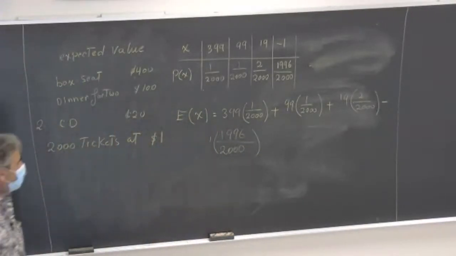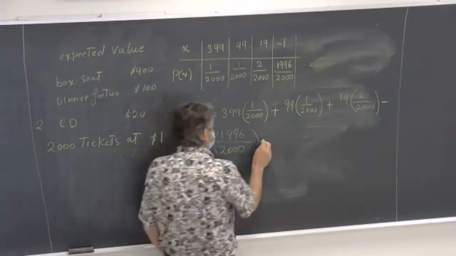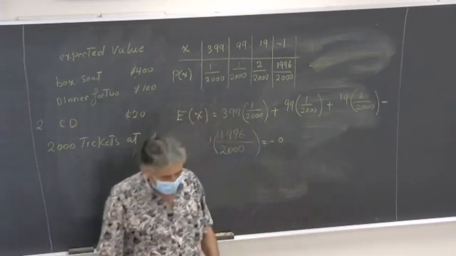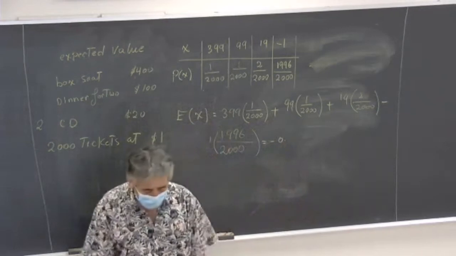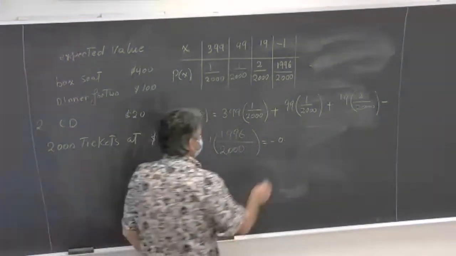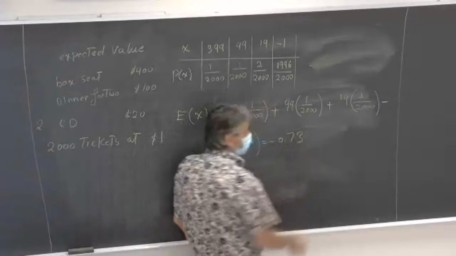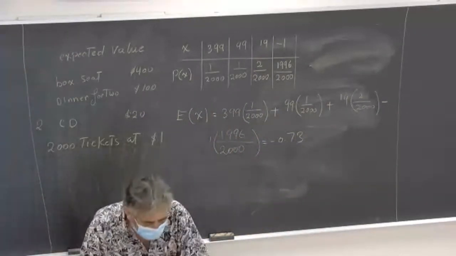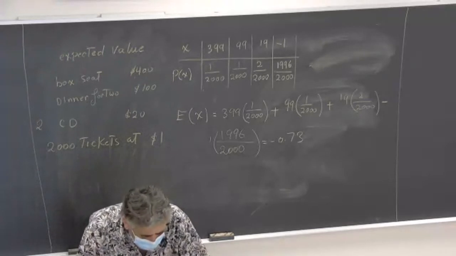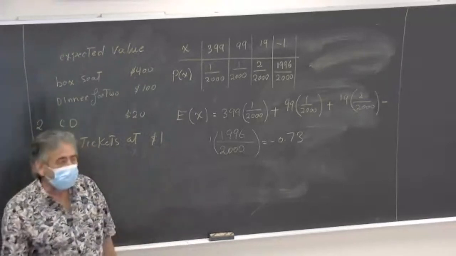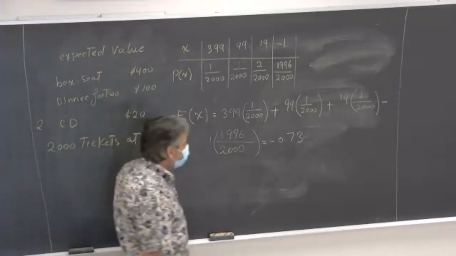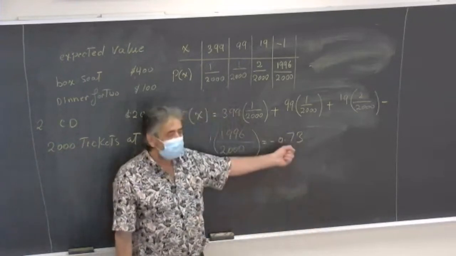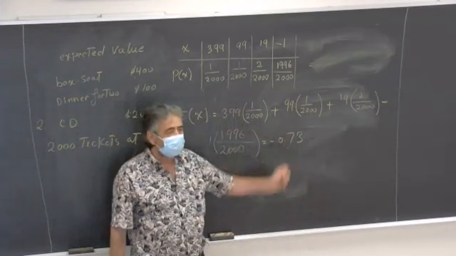Yeah? So now this is equal to negative 0.73. That's negative 0.73. So on average, a person buying a raffle ticket would lose 73 cents.